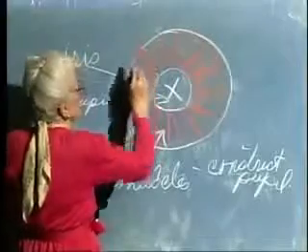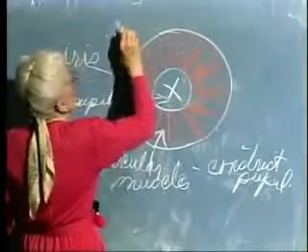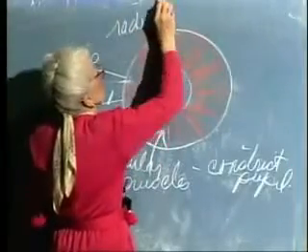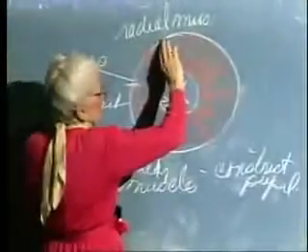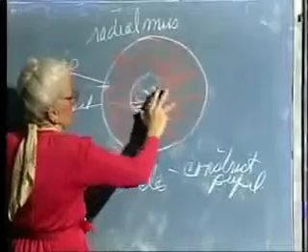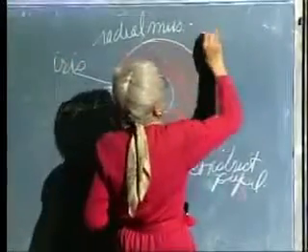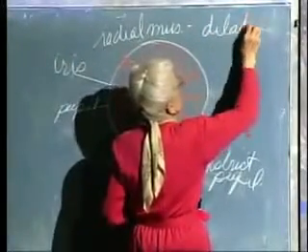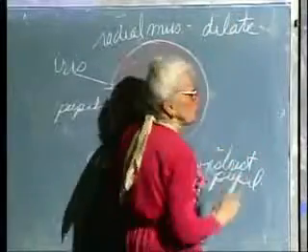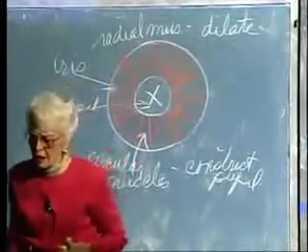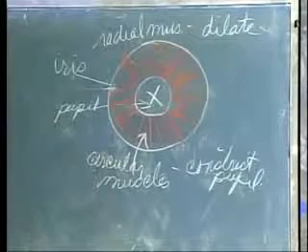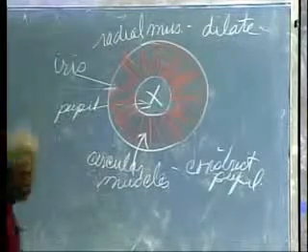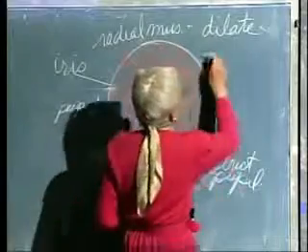These are radial muscles. What's going to happen when they constrict? Dilate, sure. You can just see if these are muscles, they do this, pupil enlarge. So dilate. So you don't just have to memorize, you can figure them out. It's so nice when students come to the lab, the office hours, and they're beginning to work with the information, and they can figure things out. It's just beautiful to see. Dilate pupil.